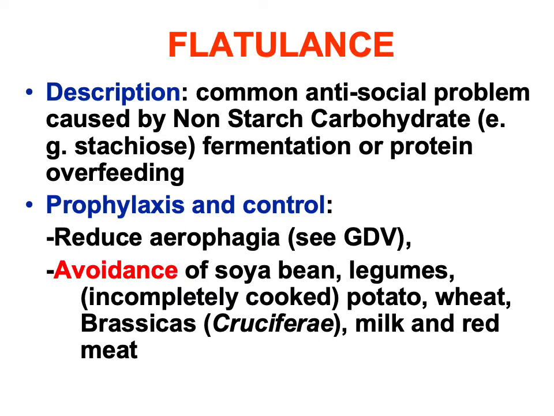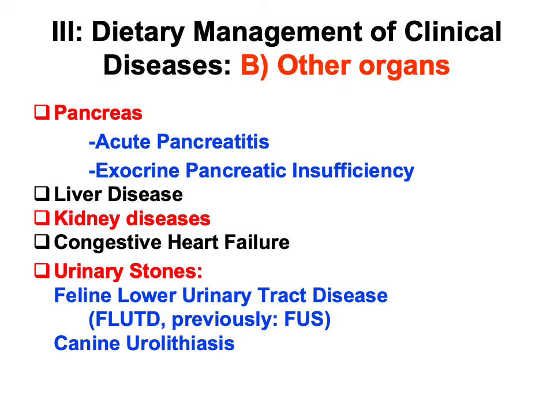And by that, we arrived at the second part of the dietary management of clinical diseases, the organs. The organs, because we finished the gastrointestinal tract from the mouth up to the anus, and now we'll continue with the pancreas, the liver, the kidney, the heart, and a functional problem of the whole metabolism, the urinary stones, the urolithiasis.